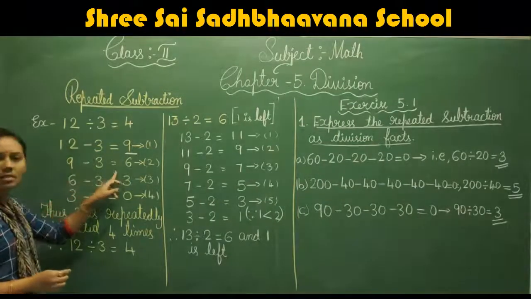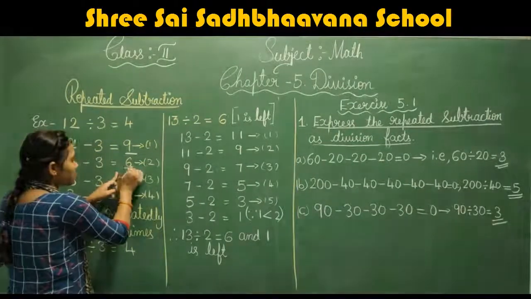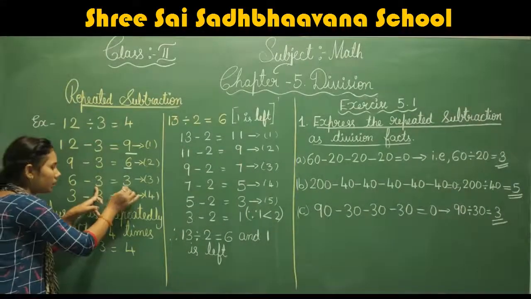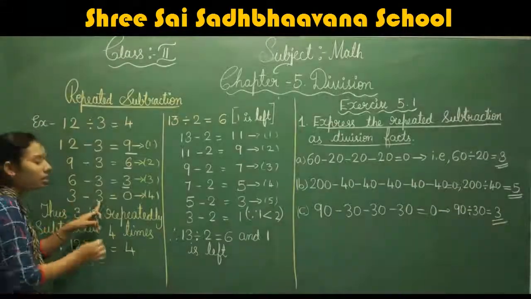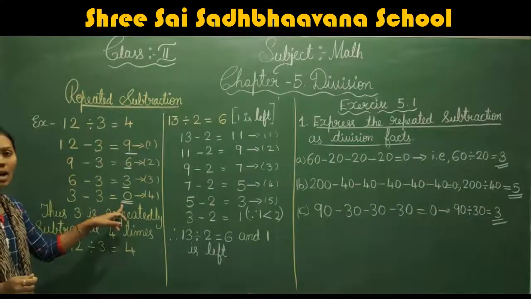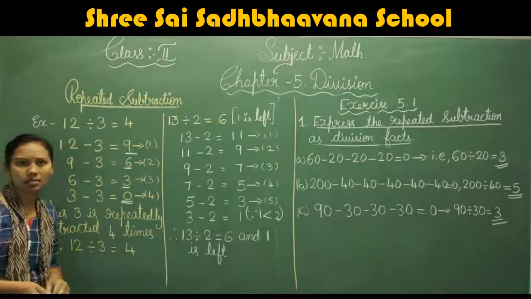Again, 9 minus 3, 6. 6 minus 3, 3. 3 minus 3, 0. Here you got the answer 0 at last.